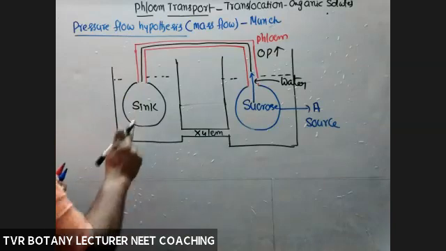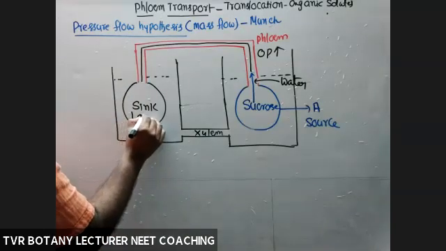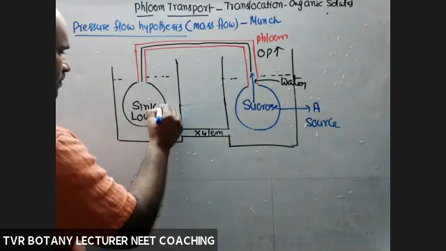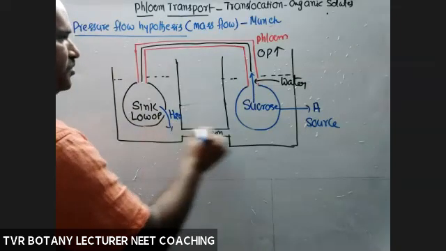So now the sucrose moves from phloem into the sink part. At the sink region, what about osmotic pressure? Low osmotic pressure. So food is vacated or absorbed by the sink. Now water goes into the xylem.